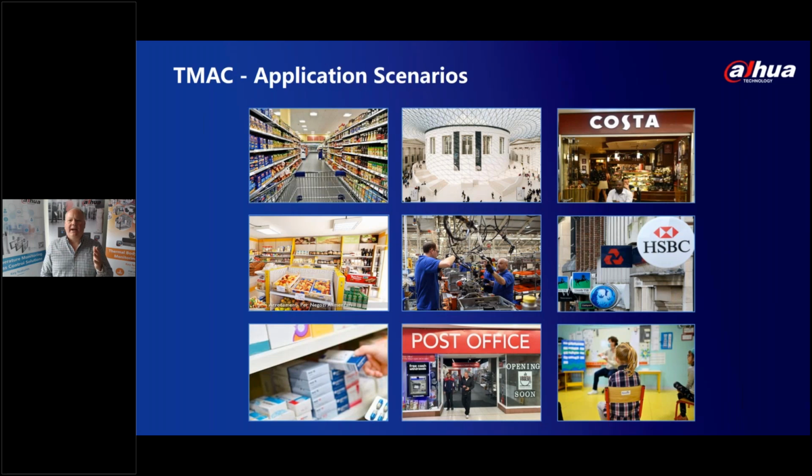And we've sold TMAC, or our partners, I should say, have sold TMAC into virtually every single one of these applications. And if we haven't, like museums, I don't think we've sold any into museums yet, but we're talking to many museums and galleries about that, because they're interested in reopening. They want to reopen. They need to do that quickly and get back to normal.